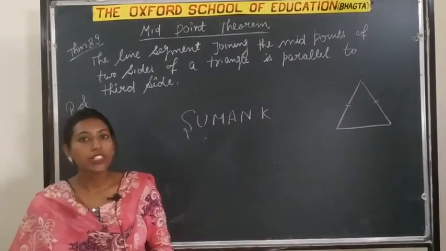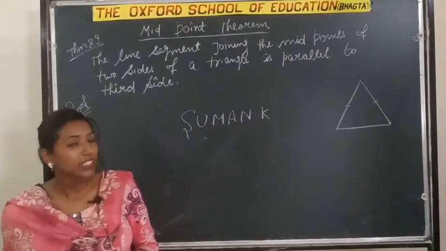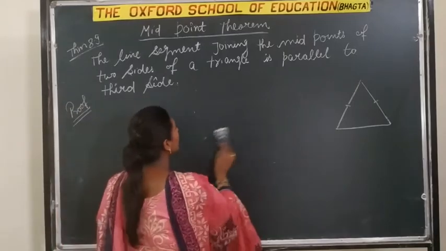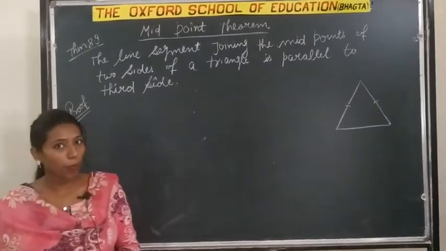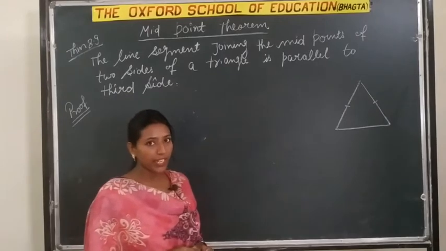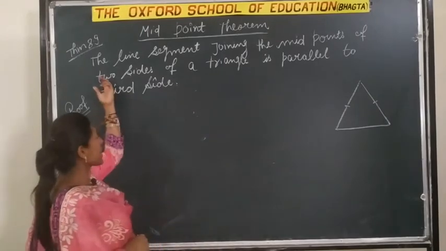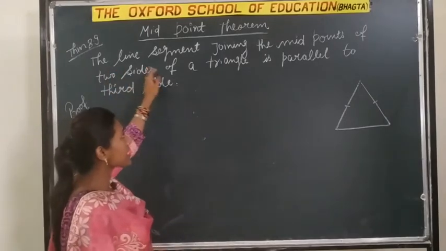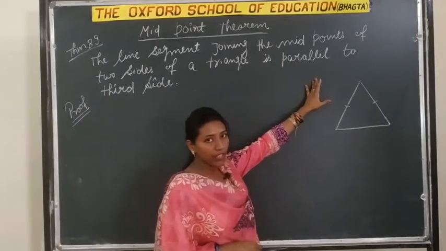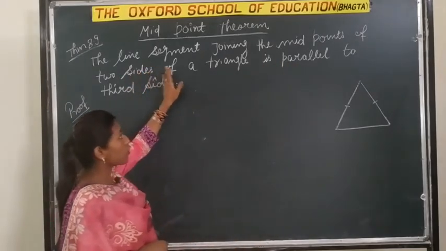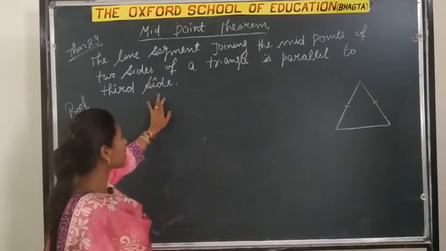Now we start our topic, the midpoint theorem, which is a very important theorem of chapter 8. The statement of the theorem is: the line segment joining the midpoints of two sides of a triangle is parallel to the third side.